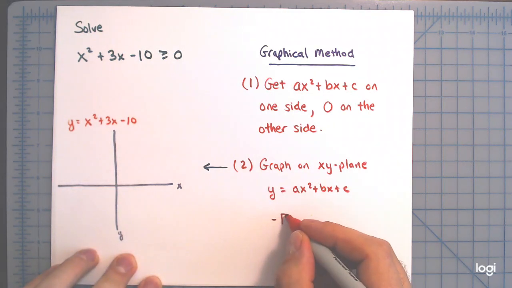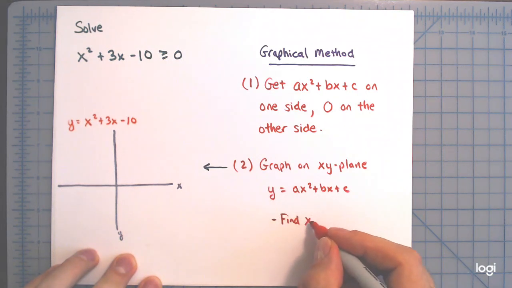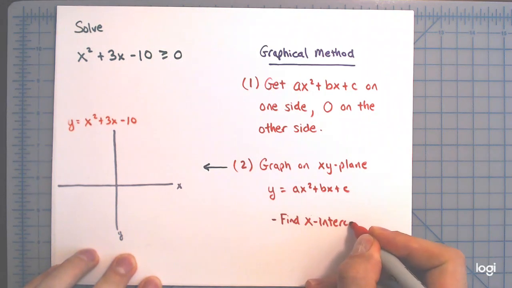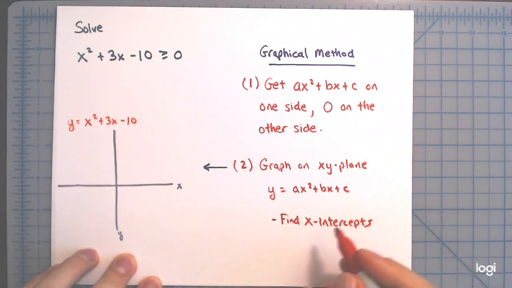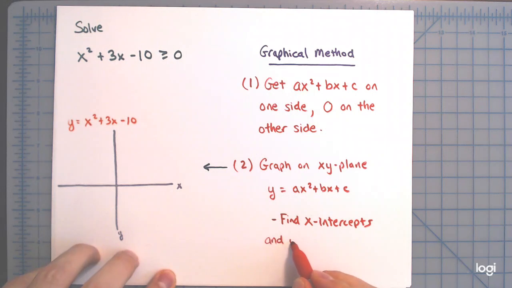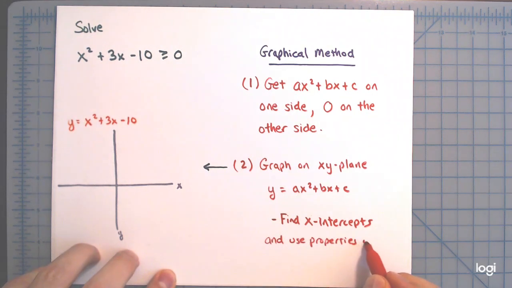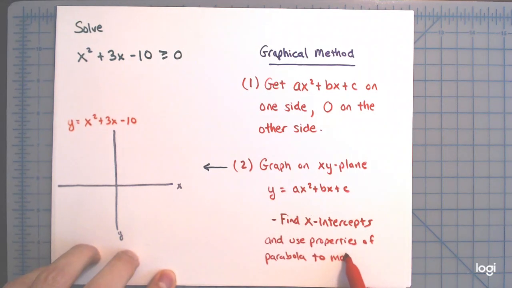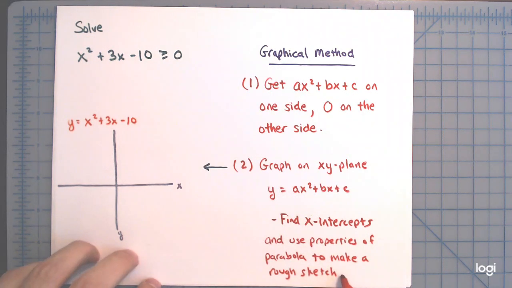So I'm going to find the x-intercepts and use properties of a parabola to make a rough sketch. Emphasis on the word rough.